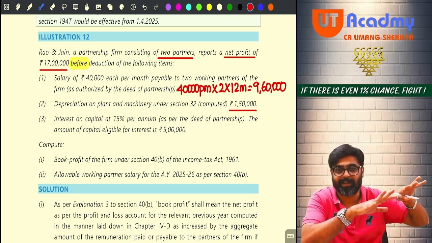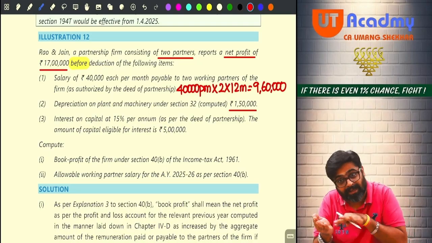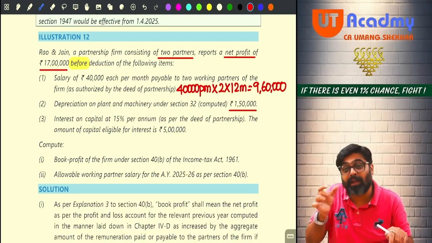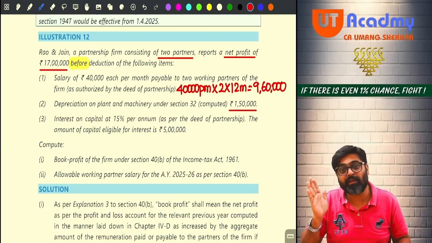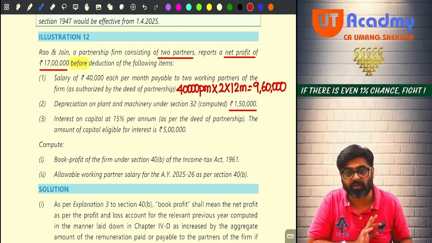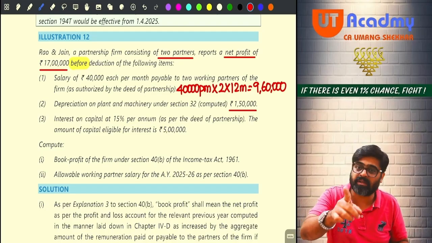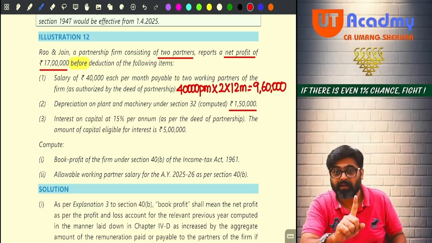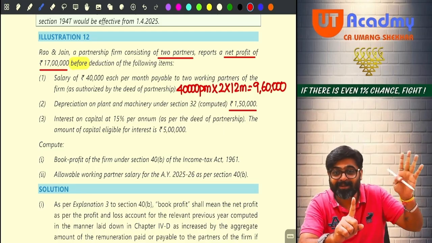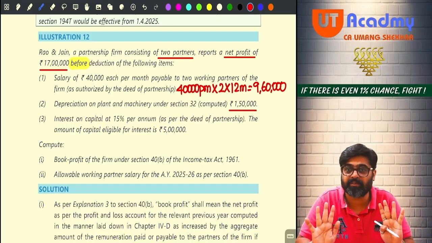So you get stuck over there and you forget what you are actually doing. You are calculating the depreciation as per section 32, which is to be allowed to calculate the book profit. So the examiner will always try to do such things. Right now you are very lucky that the depreciation they have themselves calculated and given to you. But you can be made liable to calculate that depreciation also. Be ready for that. And you know how to calculate that depreciation.